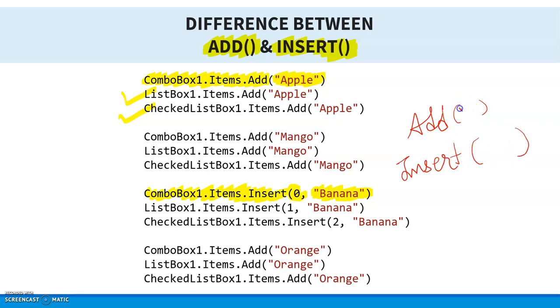In add, you simply need to provide the item name, while the insert method takes two parameters, one is the index value and the second is the item name, in double quotes, right? So this is the difference between add and insert.